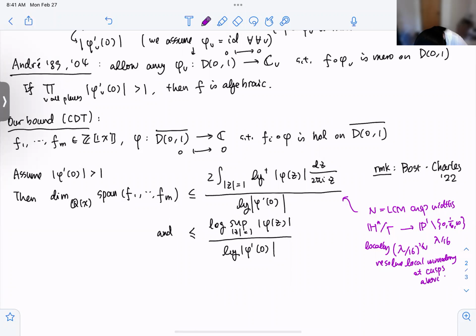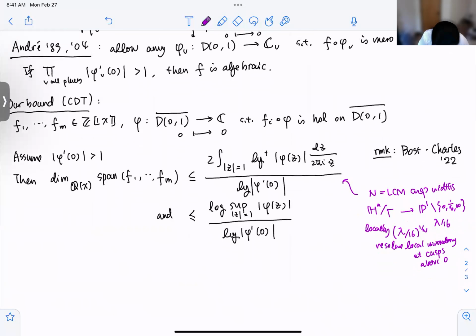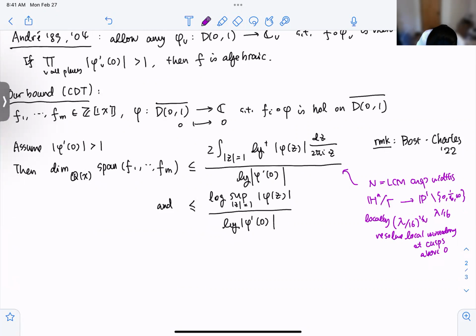Which means we resolve the singularity at 0, and hence we can work with, taking the nth root, P1 minus 1 over 16 to the 1 over n, mu n, and infinity.